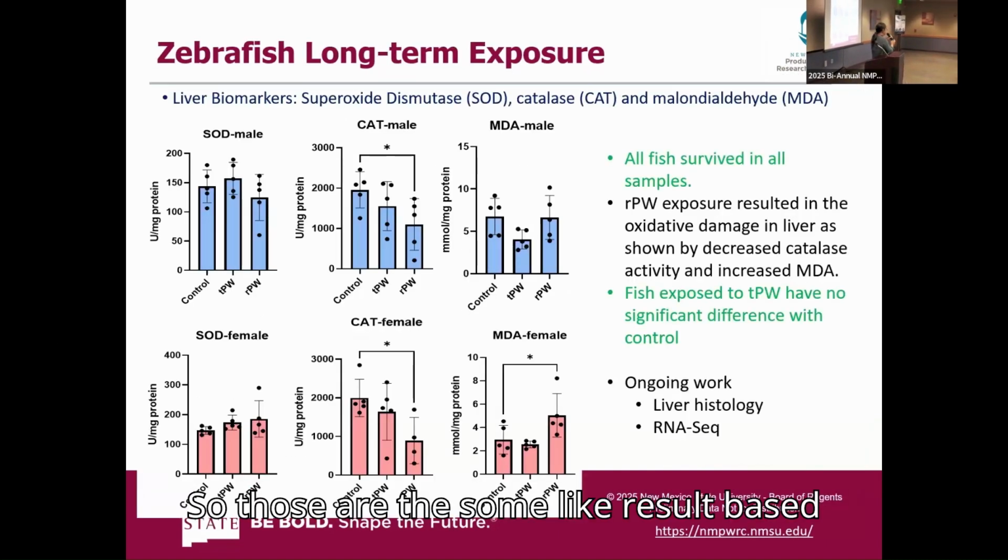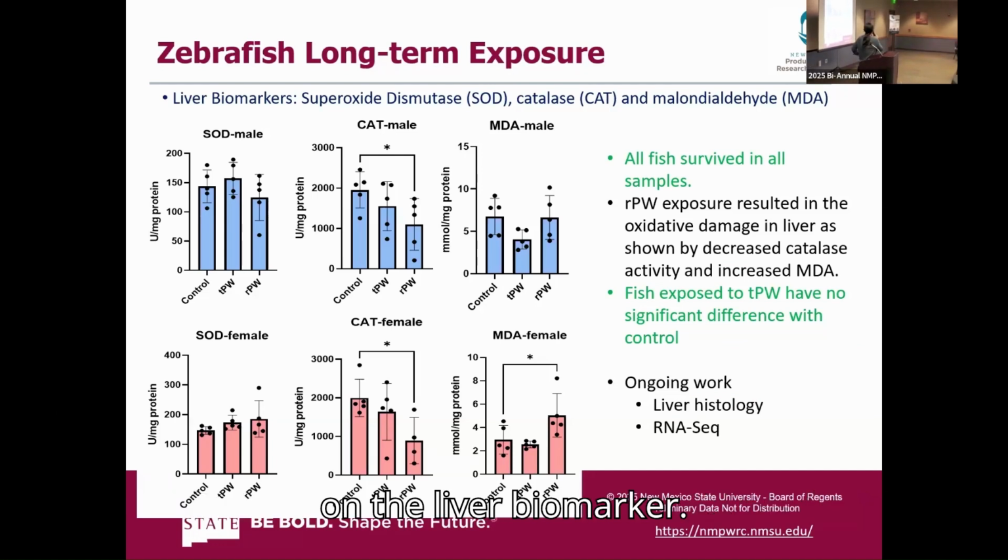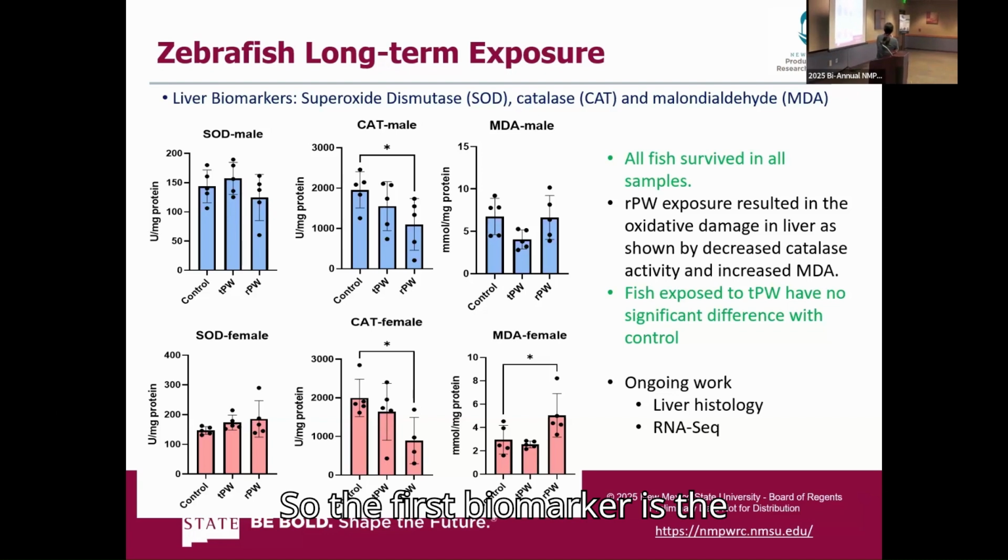So those are some results based on the liver biomarkers. The first biomarker is superoxide dismutase.